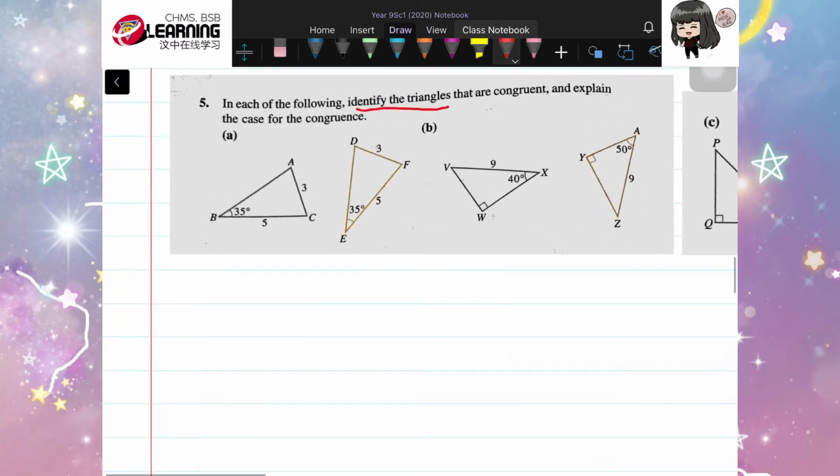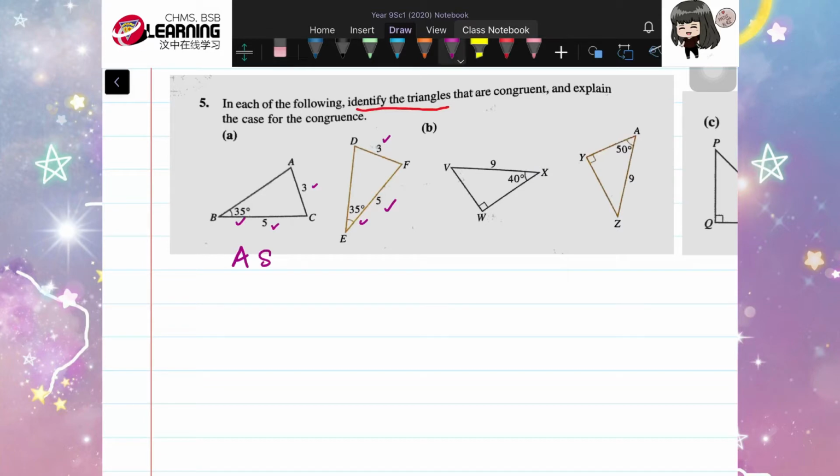Let's see if part A, if they are congruent or not. Okay, so part A, we have angle 35, angle. We have side here, and we have another side. Can we say that this is AS?